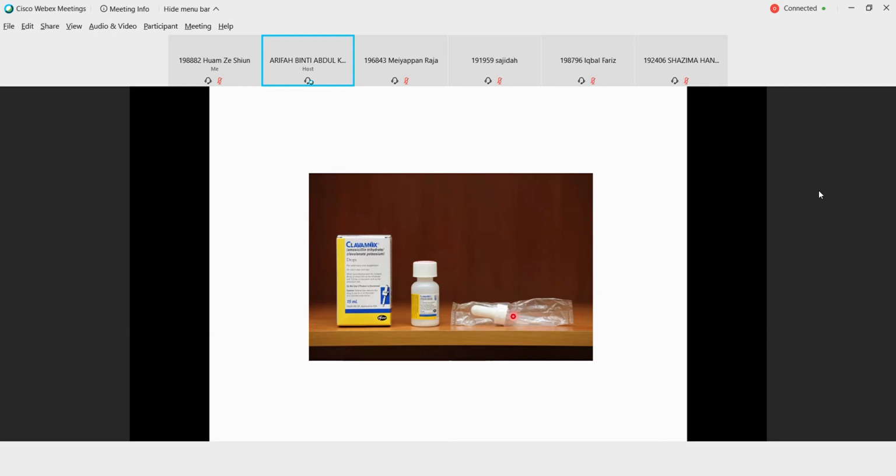We calculate accordingly and give them in drops. For bigger animals, like 5 kilo cats and more than that, we don't give it. Only for very small and sick kittens where we find it very difficult to pill them, so we give in drops.